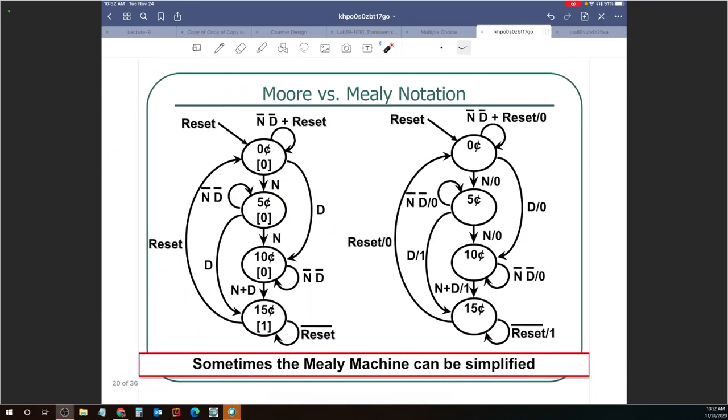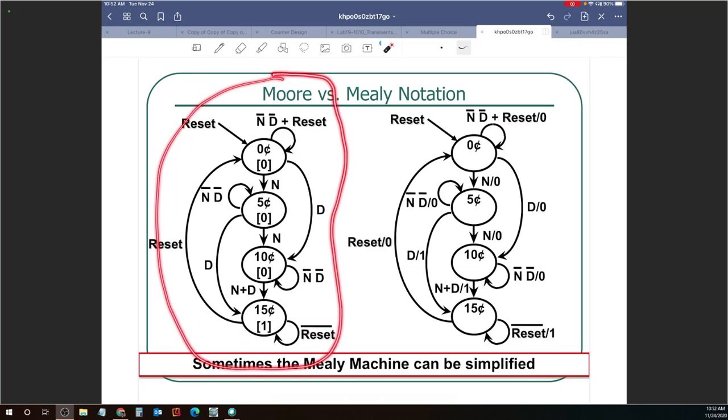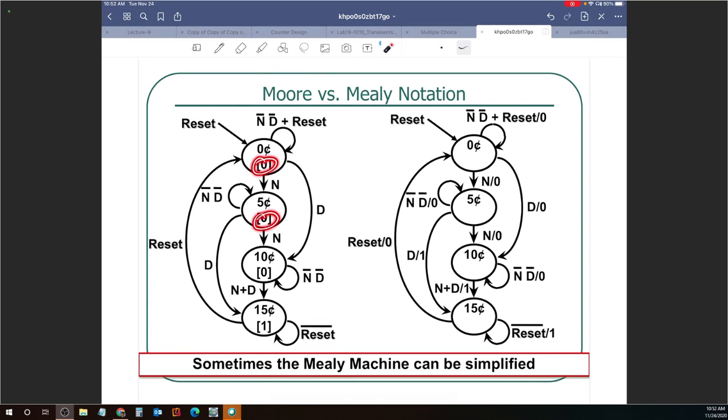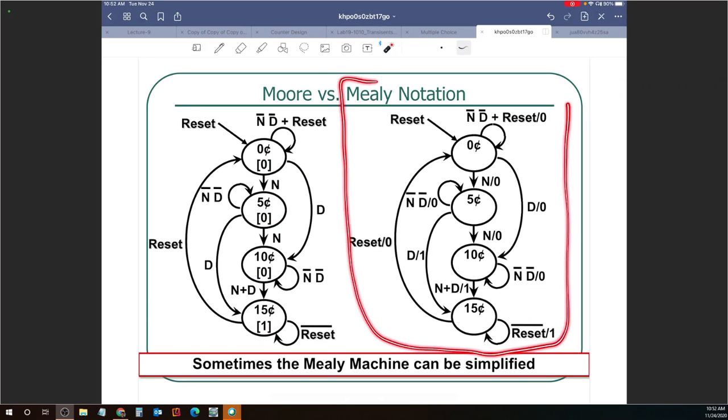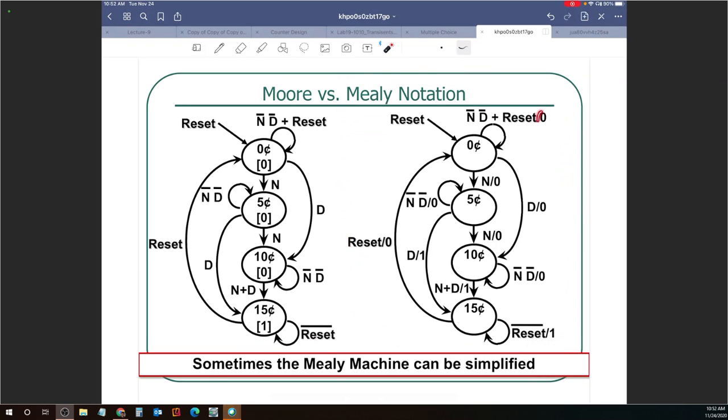Now you can keep them right next to each other to compare. On the left, we have a Moore design. How do you know that's a Moore design? Because I see the outputs are a function of the state. And on the right, I have the Mealy design. The outputs are a function of the arcs.